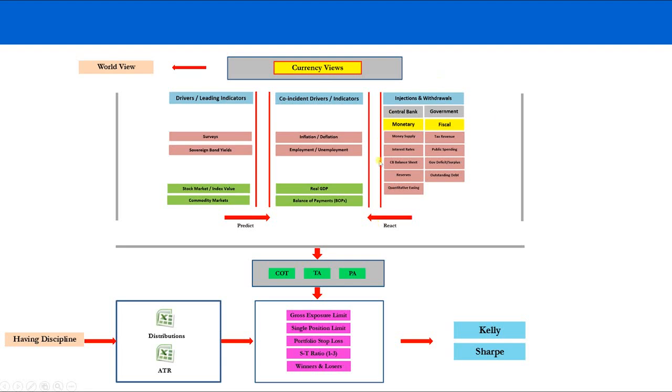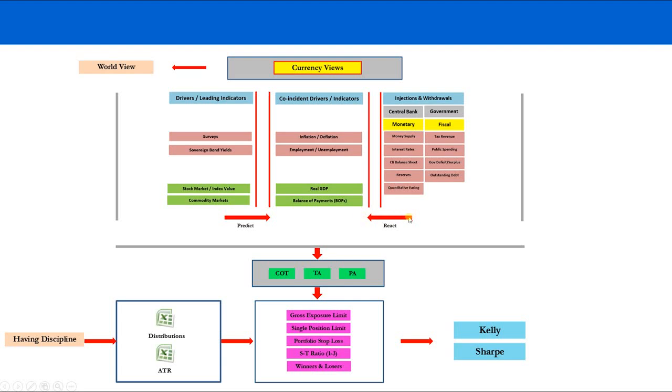Now, if we go into the right-hand side first, this will be easier to understand, because we've seen a lot of this already when we went through our foundation earlier in the video series. We can see here that injections and withdrawals are a combination of central bank and government actions, therefore monetary and fiscal actions. And we've listed the main drivers of monetary, so central bank behaviors, and government, so fiscal behaviors.